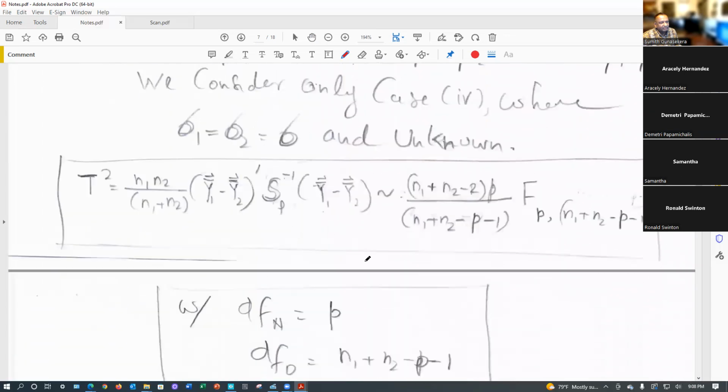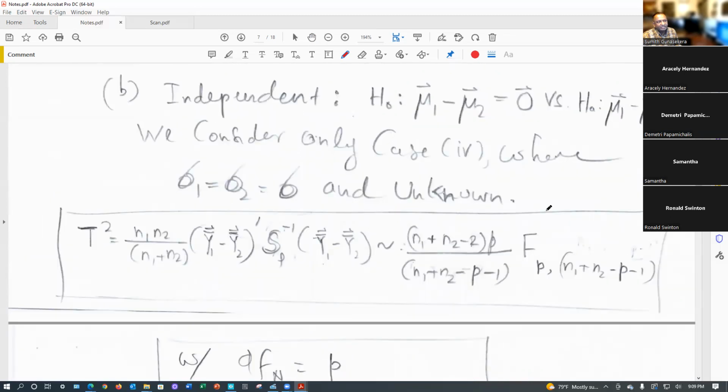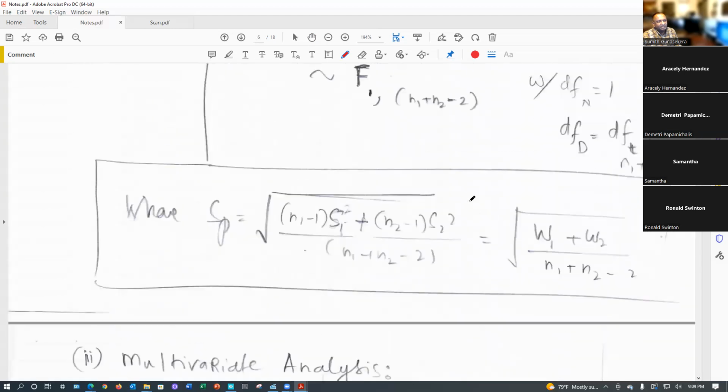When P equals 1, the N1 plus N2 minus 2 terms get cancelled off. You are left with 1 and N1 plus N2 minus 2, the same as in the univariate case.